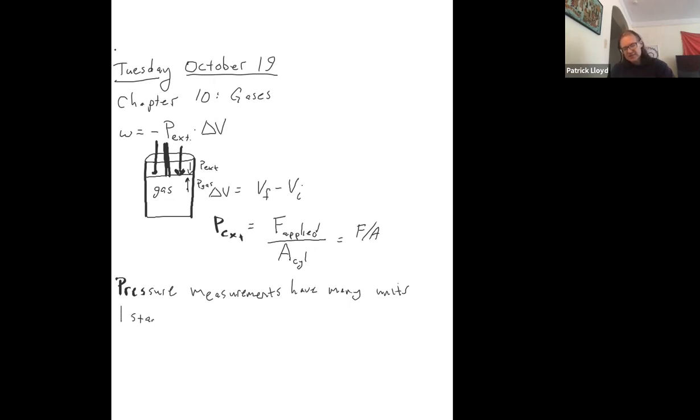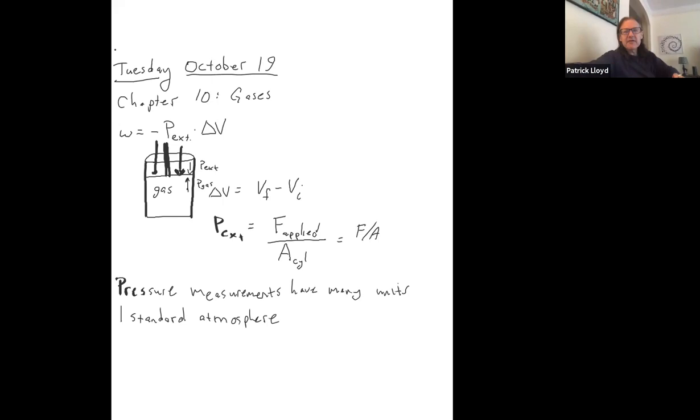1 standard atmosphere. Now, a standard atmosphere is essentially the atmospheric pressure that we experience from the Earth's atmosphere at sea level. Okay, so we could be kind of detailed about it: it has to be done at a certain temperature and under certain weather conditions, but it's essentially the pressure of the atmosphere.